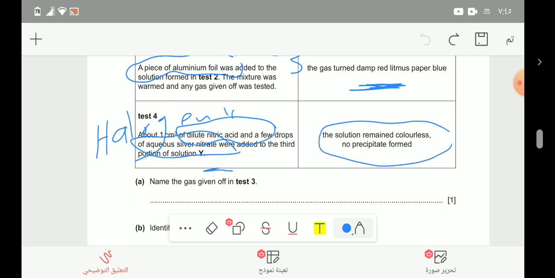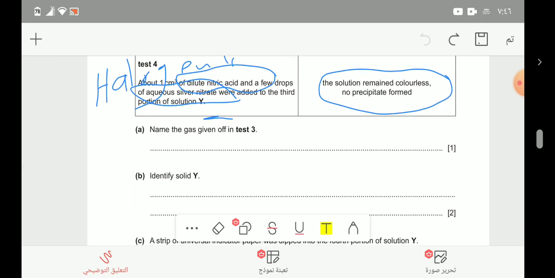Colorless here means no indication for any of the halogens, because chloride gives a white precipitate, bromide gives a cream precipitate, and iodide gives a yellow precipitate. So colorless means nothing so far.